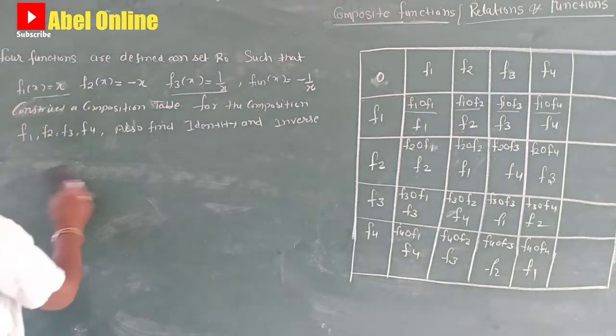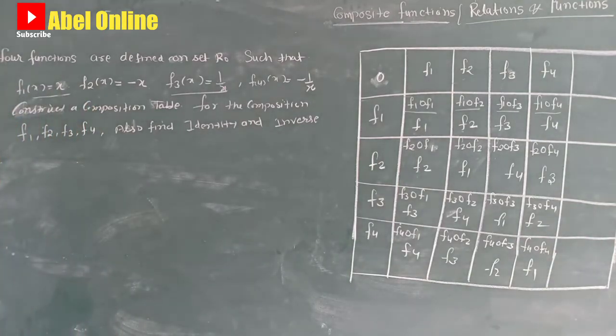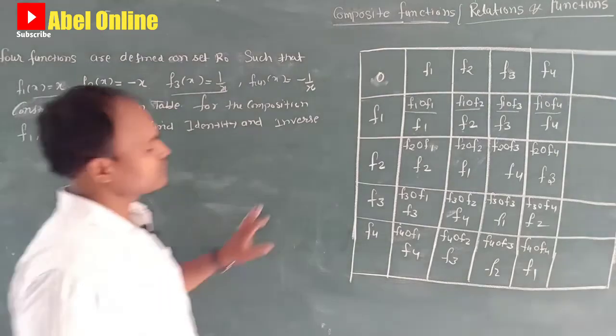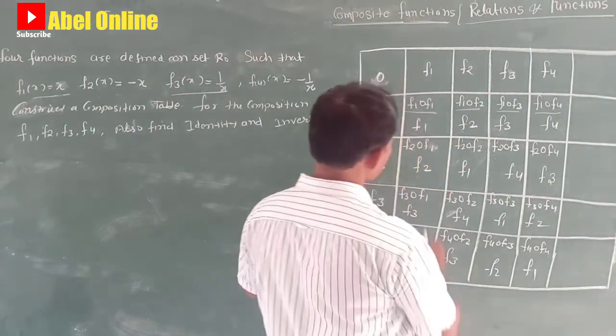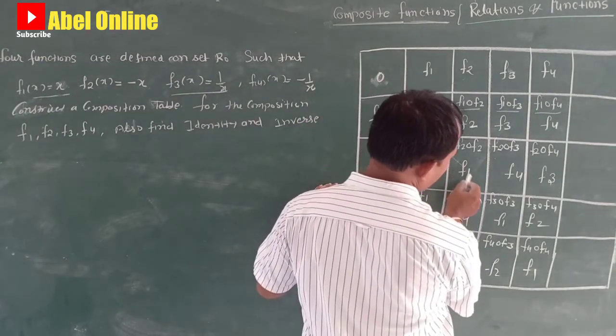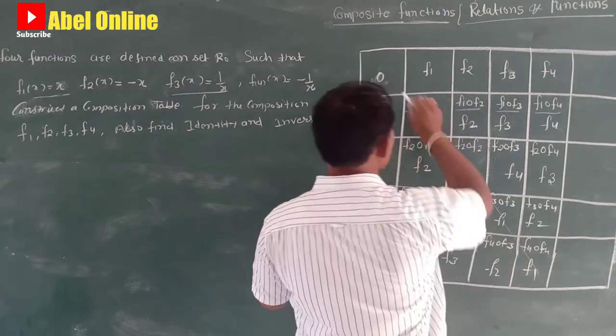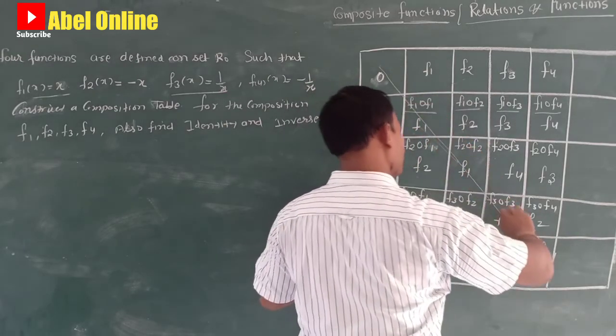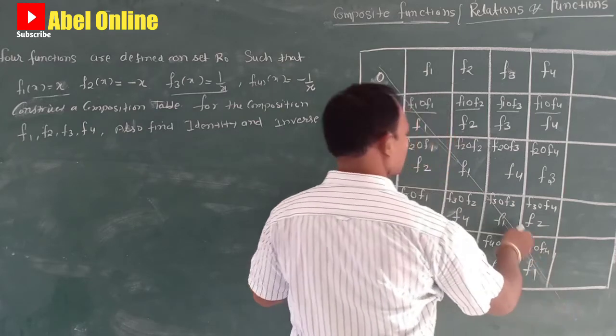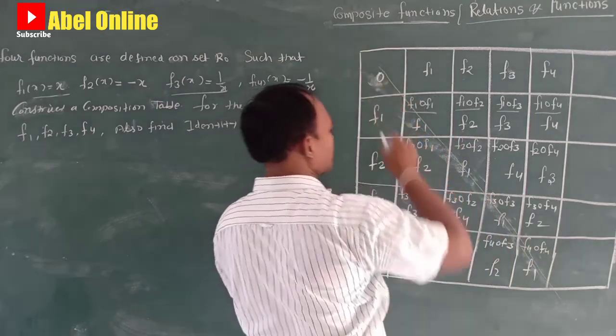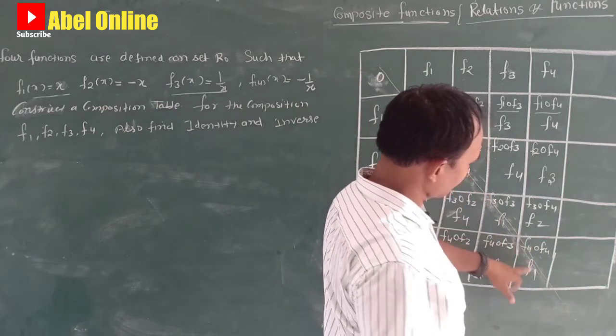Now this is your composition table. There is f1 here, and f1 here, and f1 here, and f1 here. On the main diagonal there is f1, f1, f1, f1.